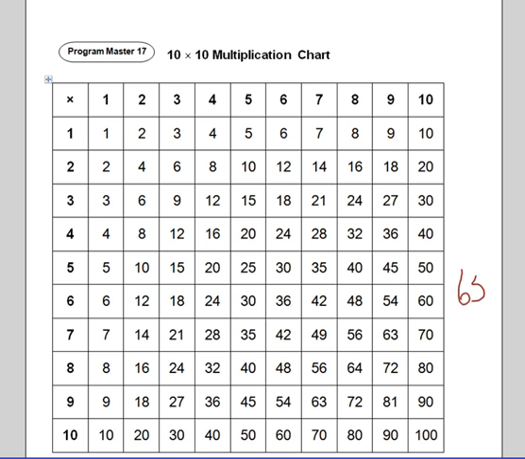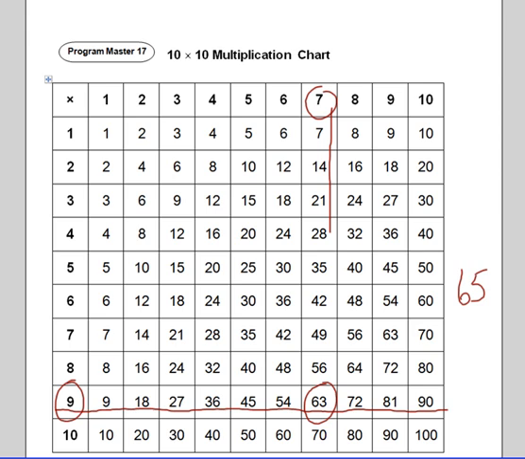So we're trying to find what number is closest to 65 when we multiply by 9. So we look across on a multiplication chart. The closest number to 65, but not over 65, is 63. What times 9 equals 63? We look way up at the top here. 7 times 9 is equal to 63.